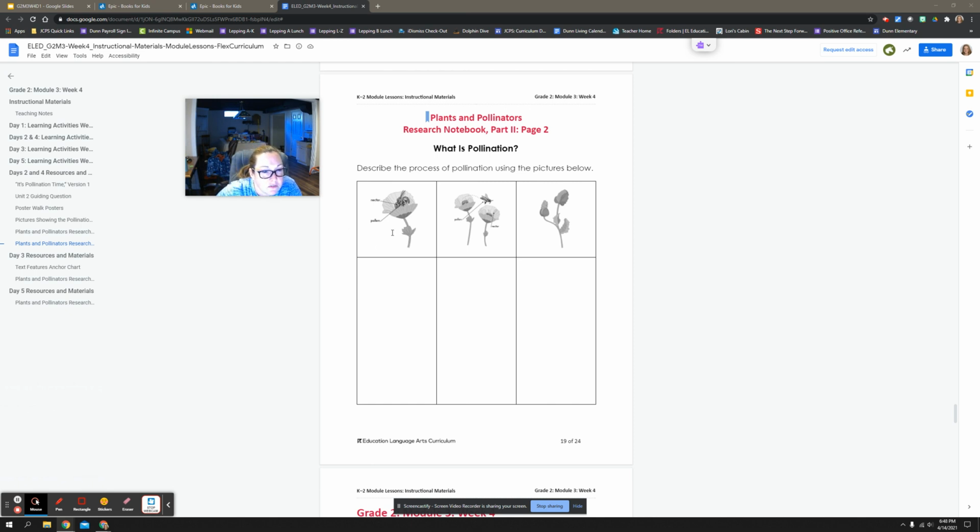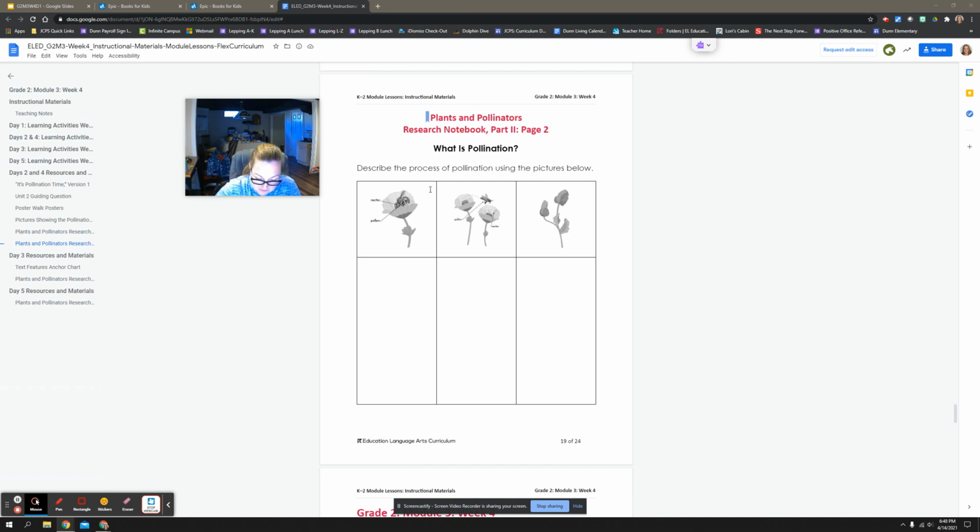Let's see. So first this picture happens, then this picture, and then this picture. Let's see if I can do this. Well, I see there's a pollinator in here, so that's probably getting it started. And it's got an arrow pointing to the nectar. Okay, I bet this pollinator's in here getting some nectar. And while the pollinator's getting some nectar, some pollen is rubbing off on the pollinator.